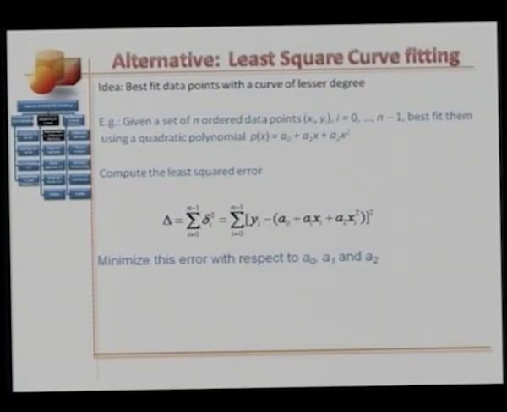We go back to basic calculus and we realize that if we treat these unknowns as independent variables, we can compute the slope partial delta over partial a sub 0, partial delta over partial a sub 1, partial delta over partial a sub 2, and make these slopes all go to 0. Let me derive these equations for you on board.